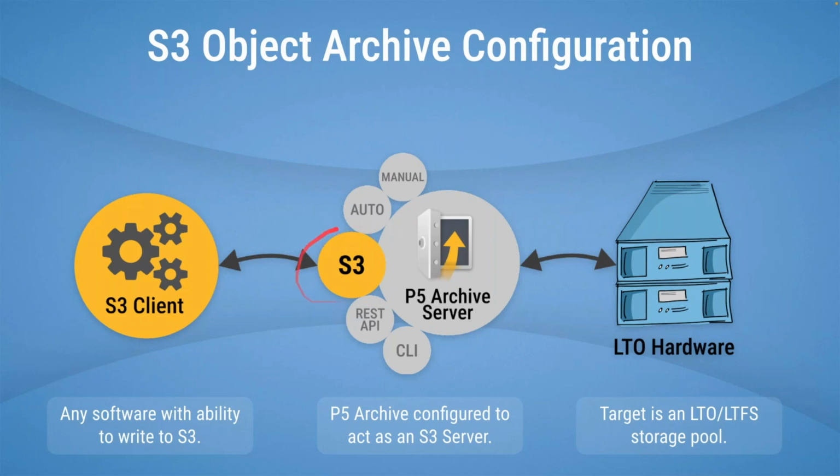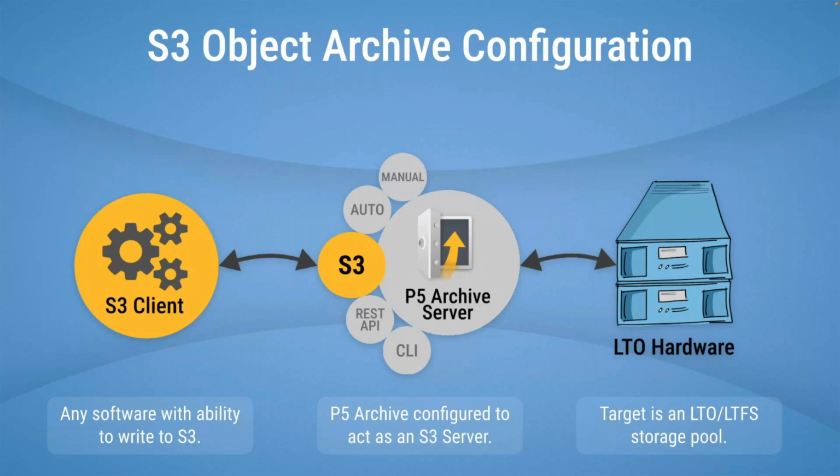This S3 server can be connected to by S3 clients, and there are lots of S3 client pieces of software, MAM, archive, backup software that can all write to an S3 endpoint, which is typically going to be cloud storage. So effectively, the P5 archive server can behave the same as cloud storage from the perspective of the software that's writing to it.